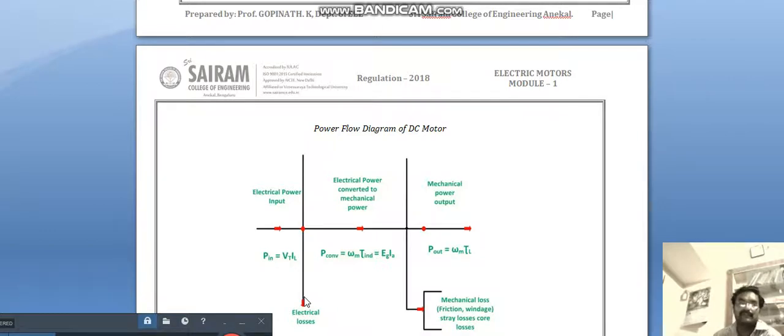That will be 2 to 3%. Copper losses, the electrical losses, have more weightage: 20 to 30% of the total loss will be from electrical losses, and stray losses are the value of 3 to 5% of the total loss we consider as stray loss. Okay, thank you.